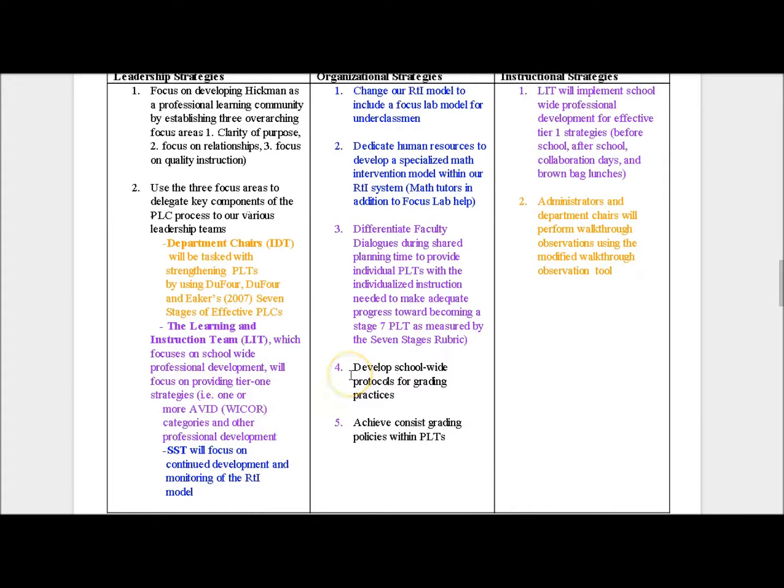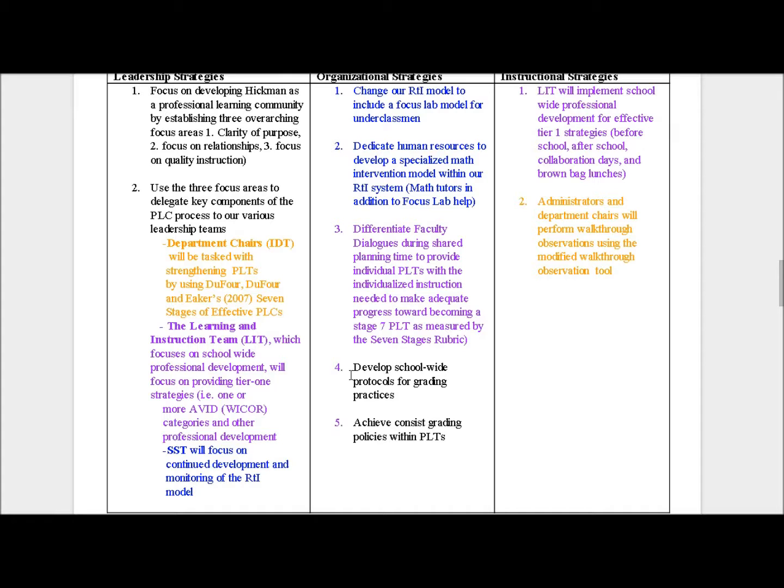We're also going to differentiate faculty dialogues, which hopefully you realize we have tried to do this school year so far, and provide you with the work you need in the moment. There's no point in you going through a one-size-fits-all presentation. If there's something specific that your PLT needs, we want to provide you with that.